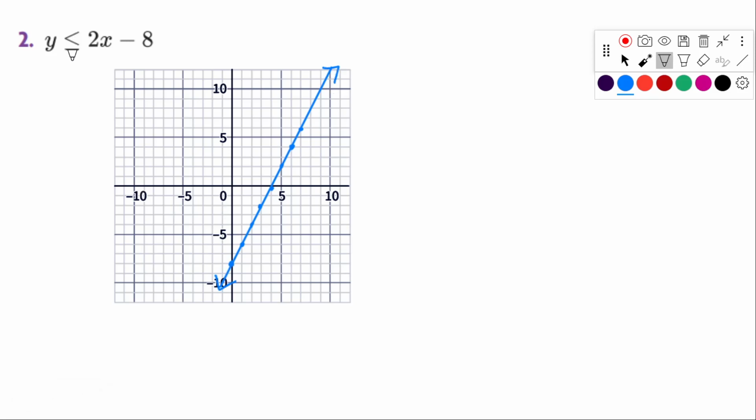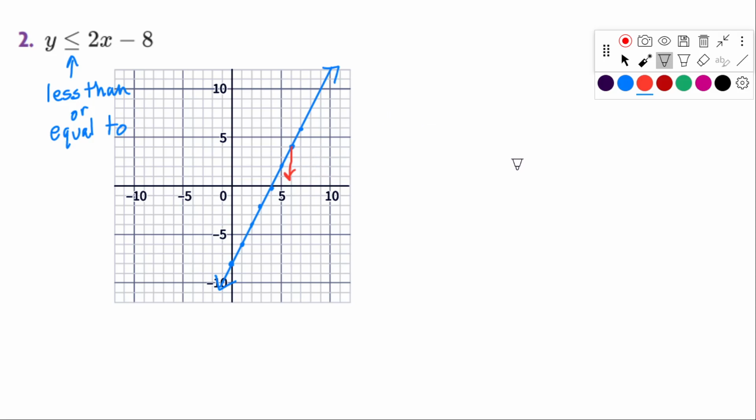And this is saying that y is less than. If I'm looking for y values that are less than, I would go down vertically for the less than.